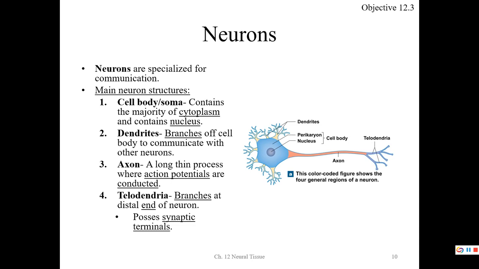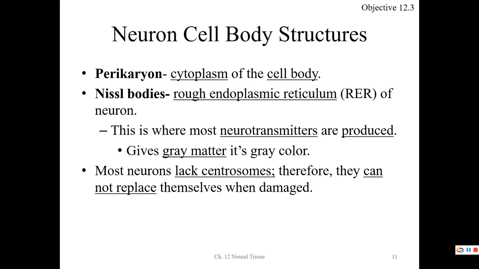Okay? Now, let's start with the neuron cell body. If we look in a neuron cell body, we're going to see cytoplasm. That cytoplasm is called the perikaryon. Karyon is a word part you've heard before, in prokaryote, eukaryote, karyotype, those big words used in biology classes.